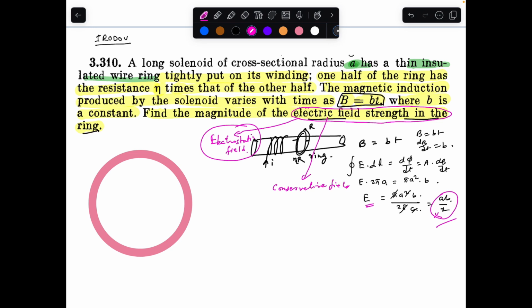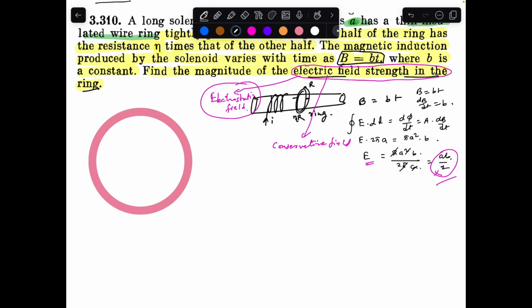Now, whenever the magnetic field through any space is varying, at some rate, we know that there is an induced electric field E which is non-conservative, correct? Induced electric field which is non-conservative like this. So in this case, is there a conservative field?